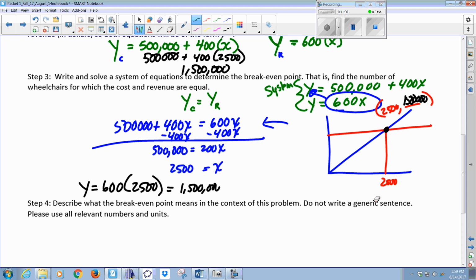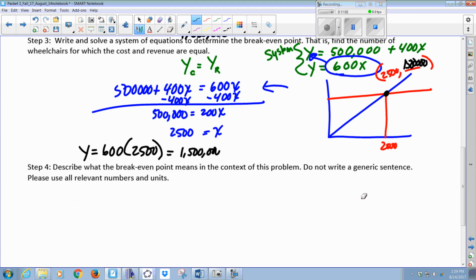And you can say it in different ways, but you want to make sure that somewhere in this problem you mention that the cost and the revenue are equal. That's critical. And what is the cost and revenue equal to? 1,500,000. And when does this occur? It occurs when there's 2,500 wheelchairs.